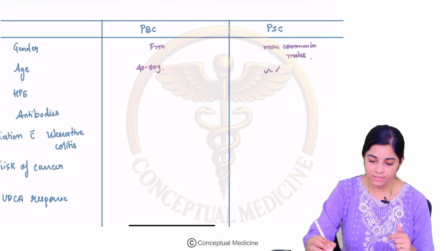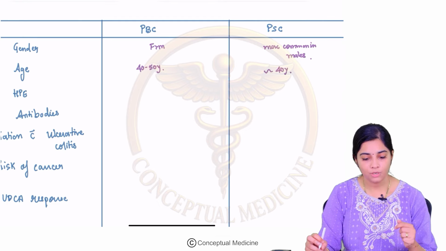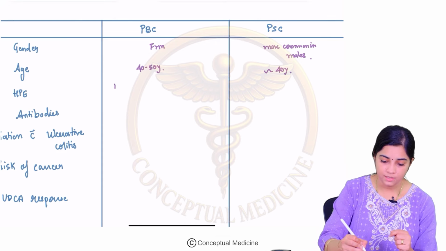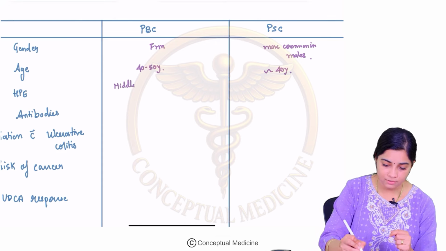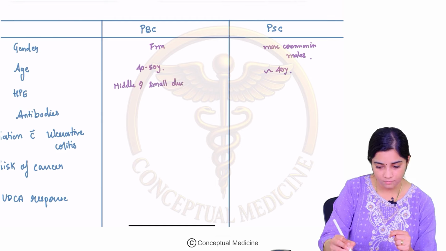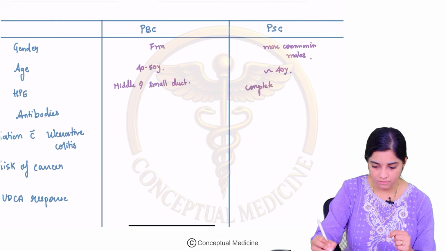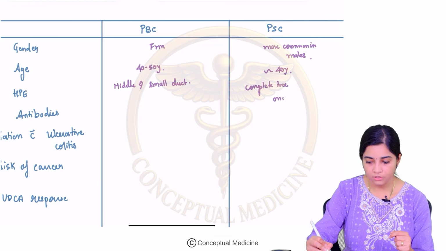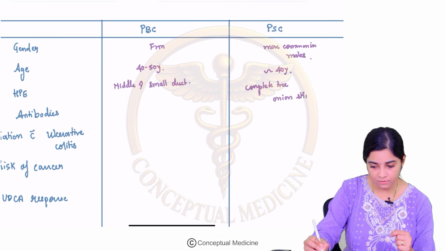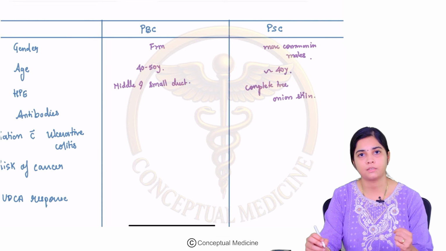Primary sclerosing cholangitis also occurs somewhere in the middle age. What are the histopathological differences? Primary biliary cirrhosis involves the middle and small ducts, right? PSC involves the complete tree. And onion skin appearance is seen where? Onion skin pattern is seen in primary sclerosing cholangitis.